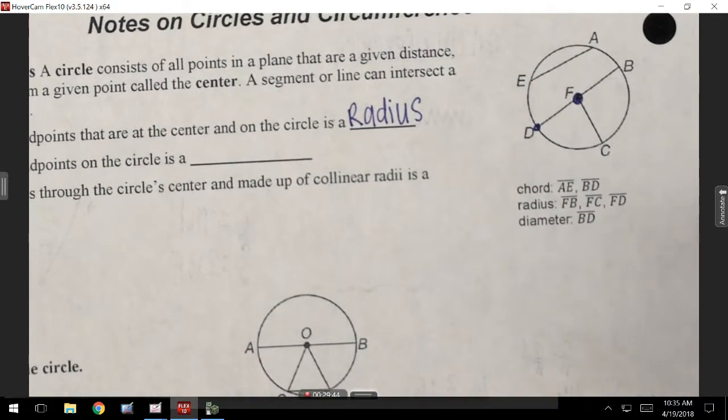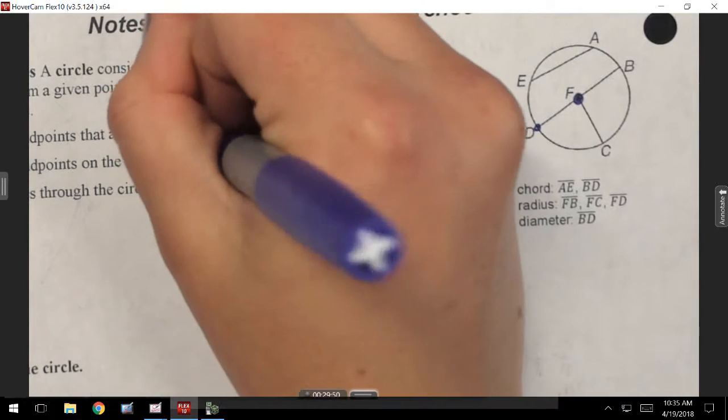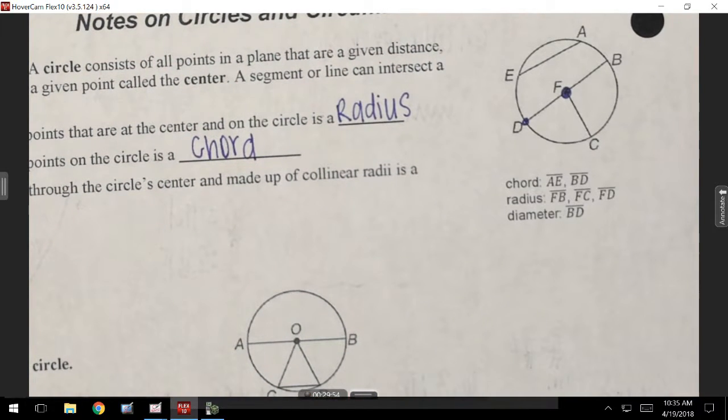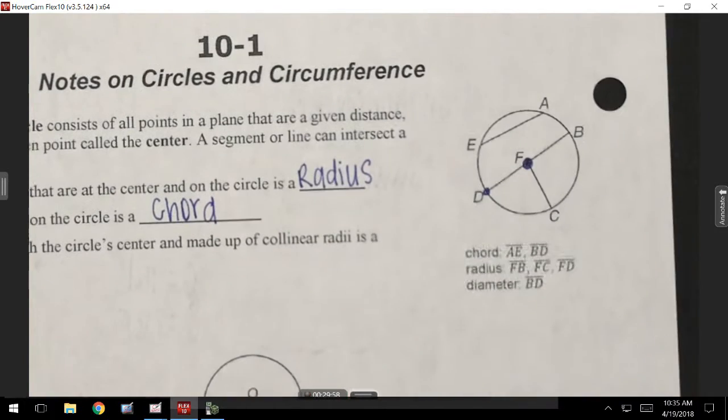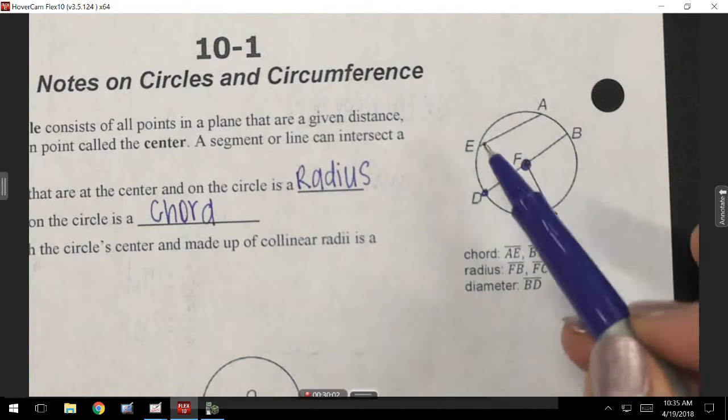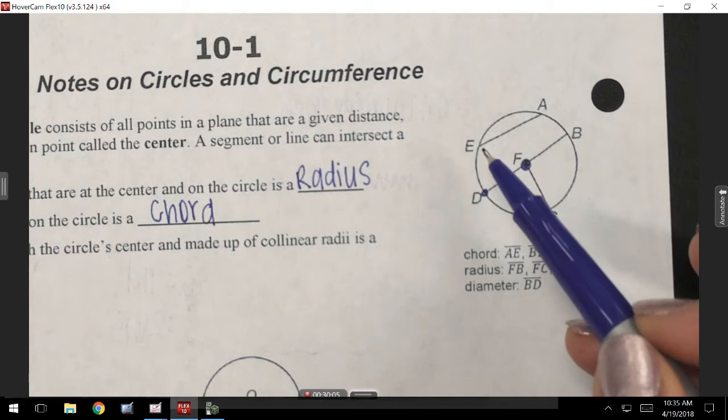Okay, a segment with endpoints on the circle. So any two segments that go to the outside of a circle, those are called a chord. A chord means both of its points are touching the outside of the circle. So name one chord you see. AE. Both of those are touching on the outside.